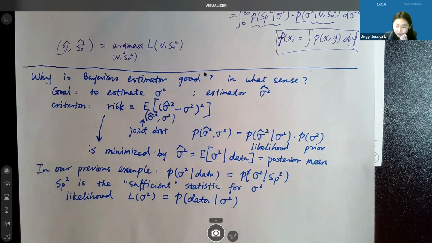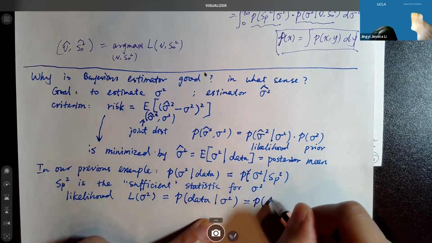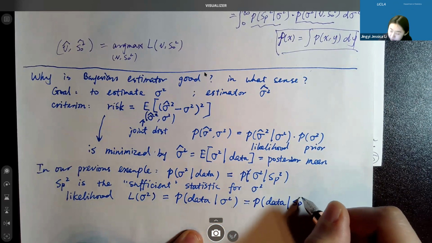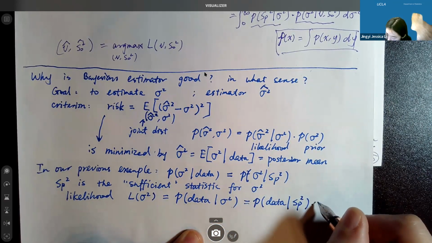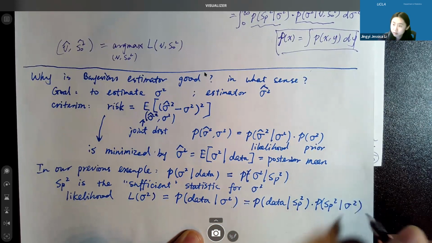But here, what we are trying to say is that, mathematically, for the sufficient statistic, this can be written by factorization as the density of data given some sufficient statistic, which I denote by S_p squared, times the probability of S_p squared given sigma square.